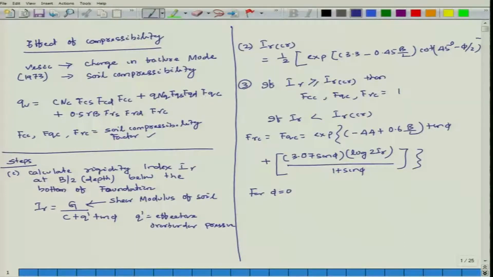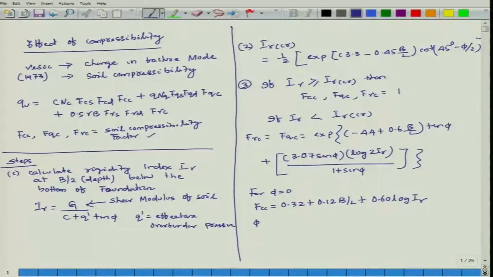For phi equal to 0, he has proposed Fcc is equal to 0.32 plus 0.12 B by L plus 0.60 log Ir.